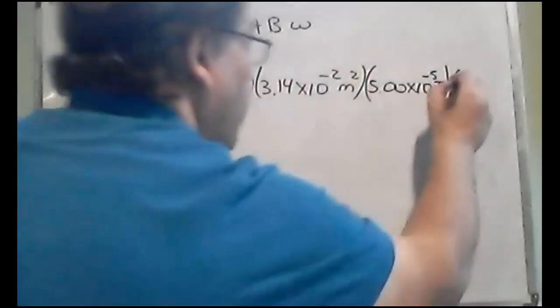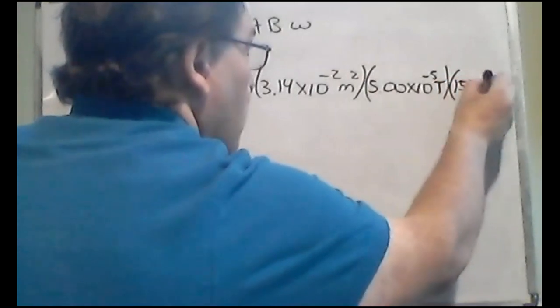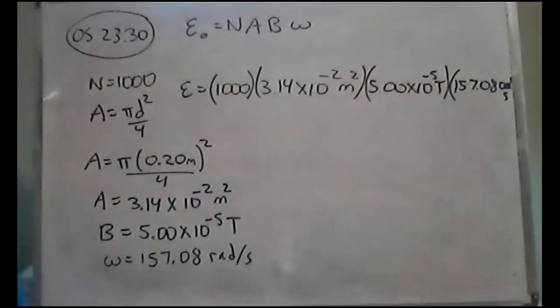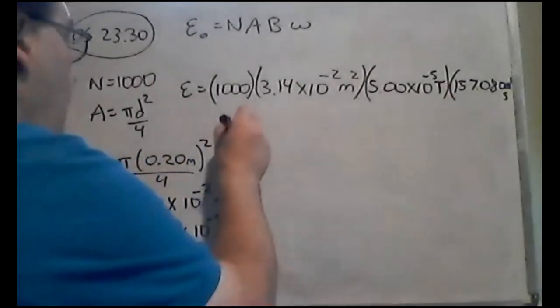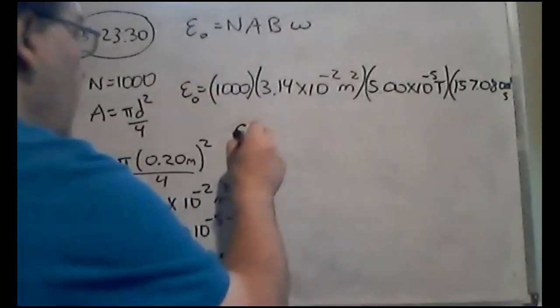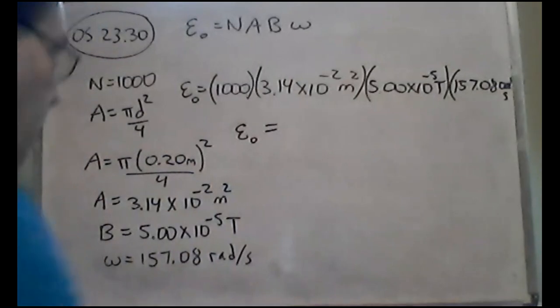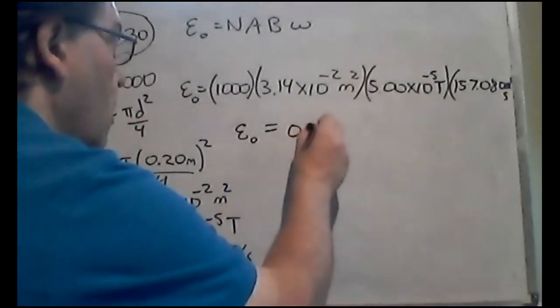And if I have enough space, 157.08 radians per second. Again, N, A, B, omega, as you see written. Epsilon naught, if I multiply all these four numbers together, you get 0.247 volts.